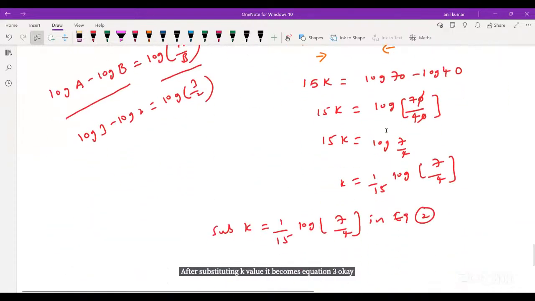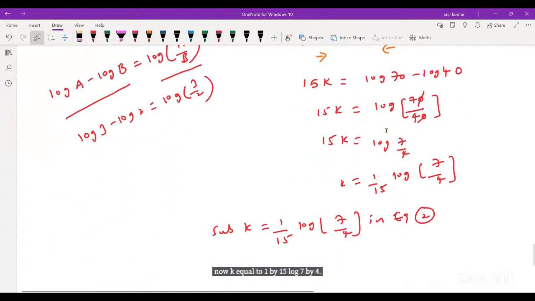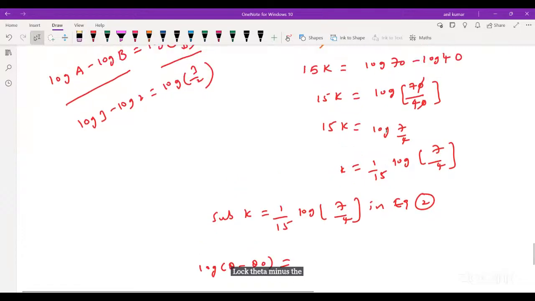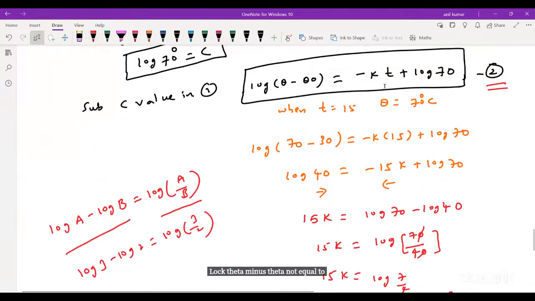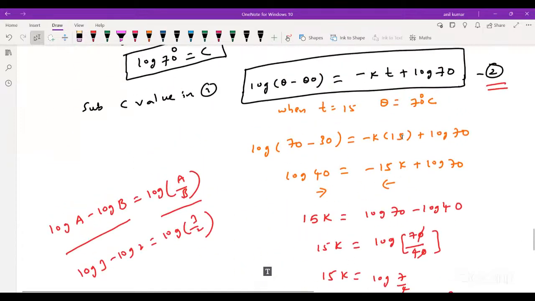Now, K equal to 1 by 15 log 7 by 4. Substitute the K value here in equation 2. Log theta minus theta naught equal to minus kt. What is K? Minus 1 by 15 log 7 by 4 t plus log 70.